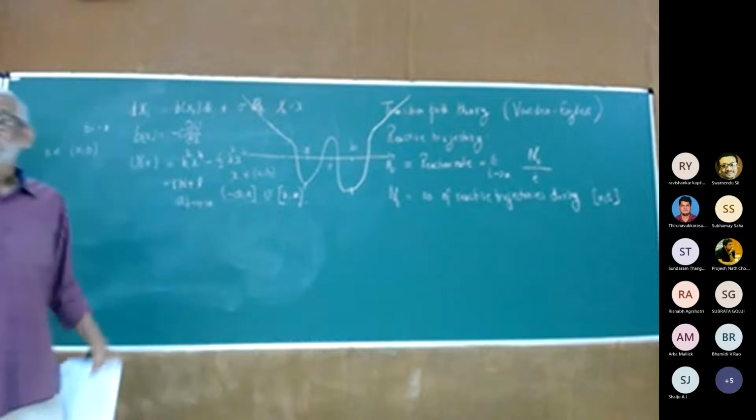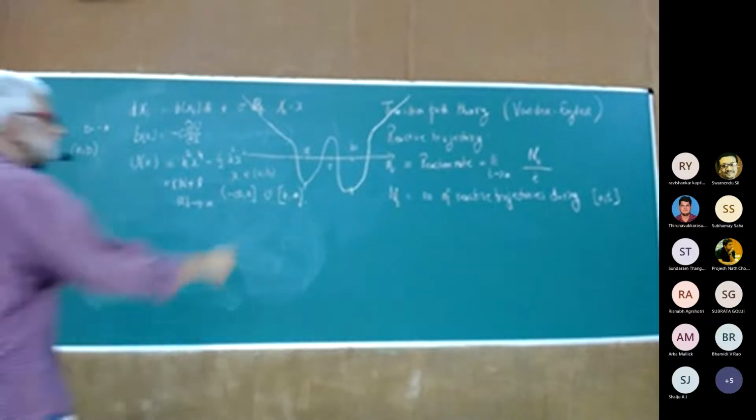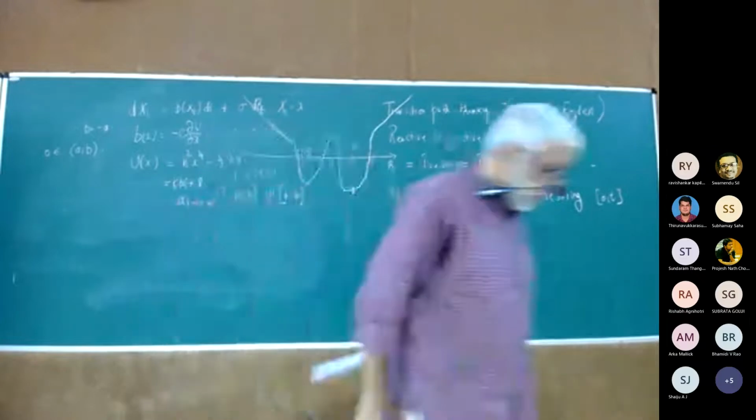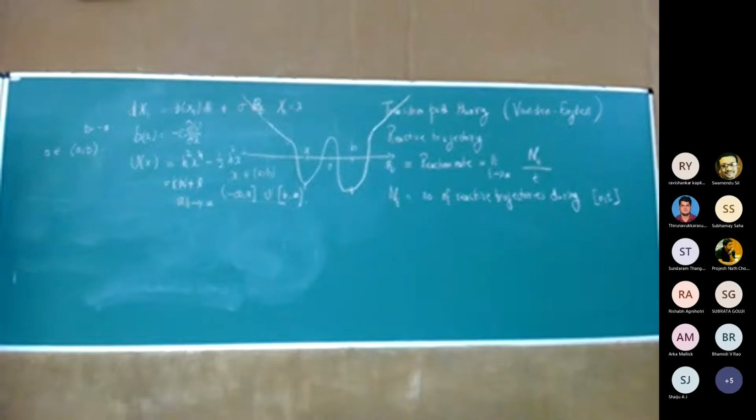The reason why we choose this is that we want this diffusion to be positive recurrent. There are conditions for positive recurrence of a one-dimensional diffusion in terms of the speed and scale.